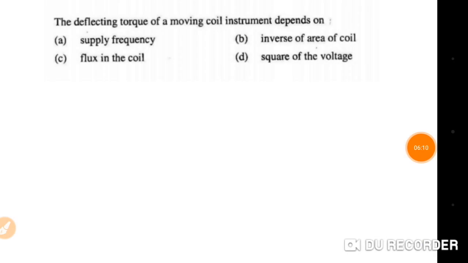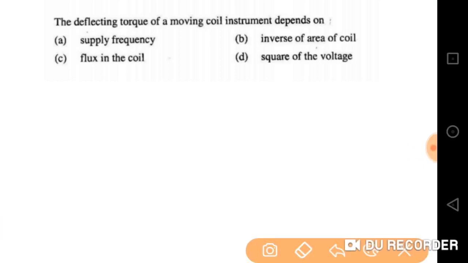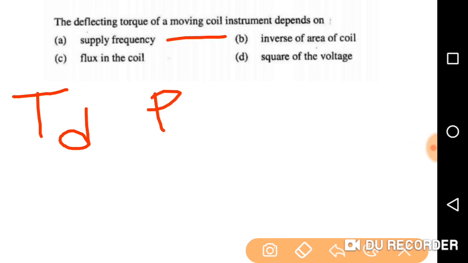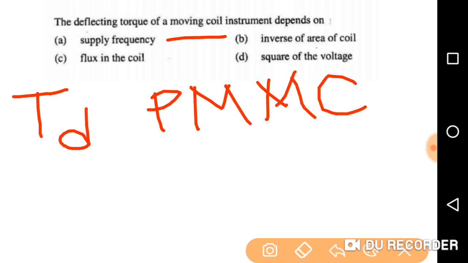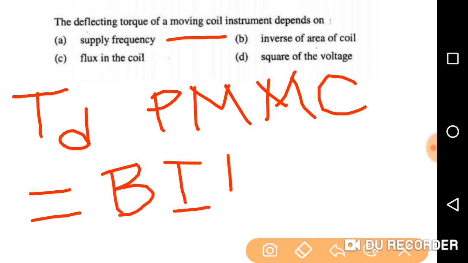The next question says that the deflecting torque of a moving coil instrument depends on... The formula of deflecting torque, that is Td, of a moving coil, meaning a PMMC instrument, is B I N A, where B is the magnetic flux density, I is the current flowing through the coil, N is the number of turns, and A is the area of the coil.